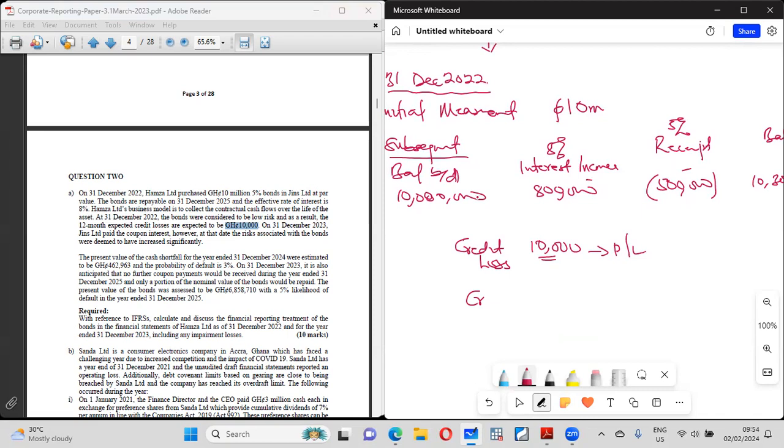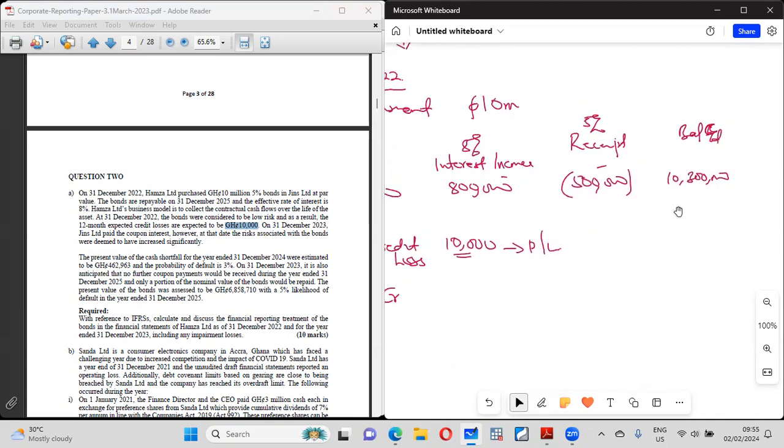What is going to happen is that the carrying amount of the bond in the financial statement as at 31st December will be reduced. And please don't make a mistake, because the carrying amount of the bond as at 31st December is this one. So please reduce that by 10,000.